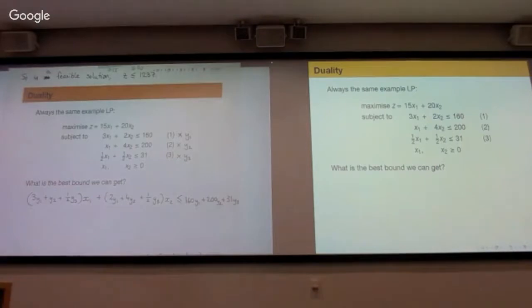Now, for this to work, we need, as I said, this to be at least 15, this to be at least 20, okay? And we want the best one possible. We want this to be as small as possible.